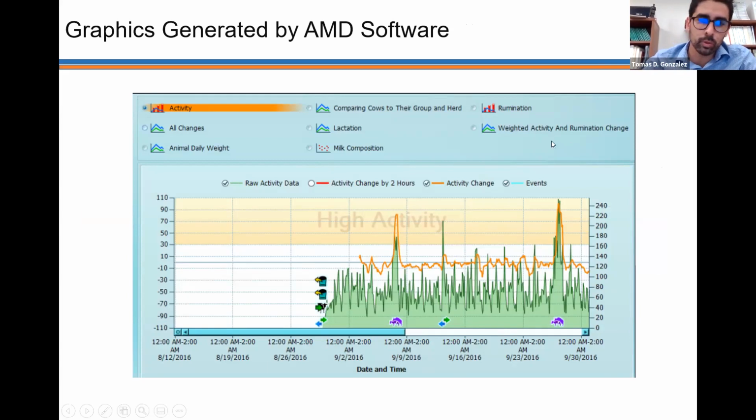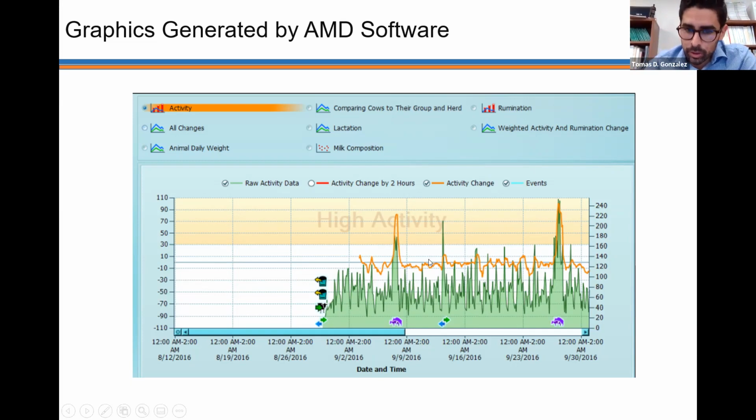So now, going further with this system, on the computer you have different options. You can see here on the screen, for example, the activity, rumination, and other changes, and this is the one we use. Here you can see the activity. Something really important is that once you put the collar on the cow, it takes around 5 days before they start to show their own activity, because the cow needs time to create her own threshold.